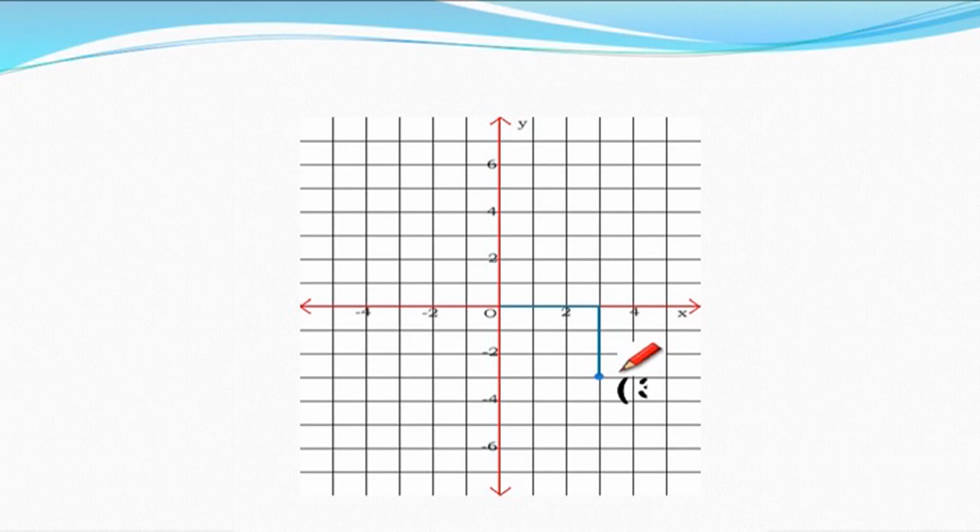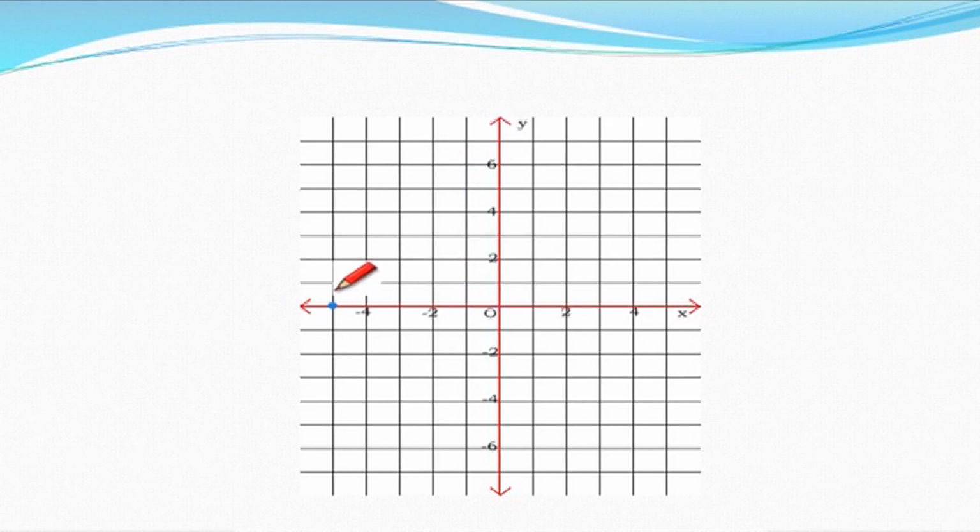The coordinates accordingly are (3, -3). For another point, when we drop a perpendicular on the x-axis, we get -1, and on the y-axis, the point is 6. The coordinates are (-1, 6).